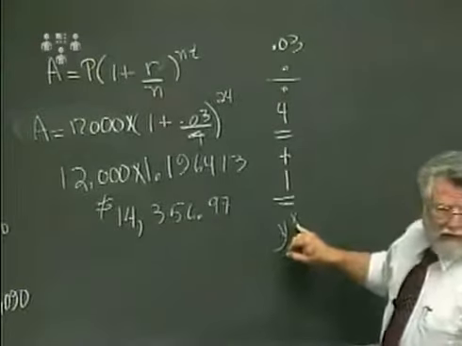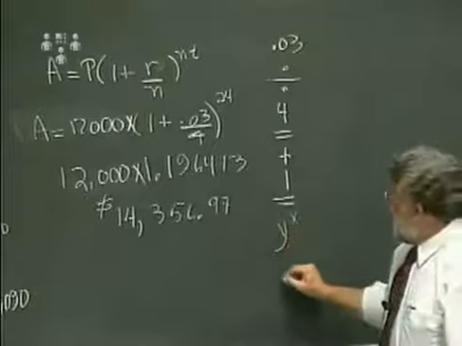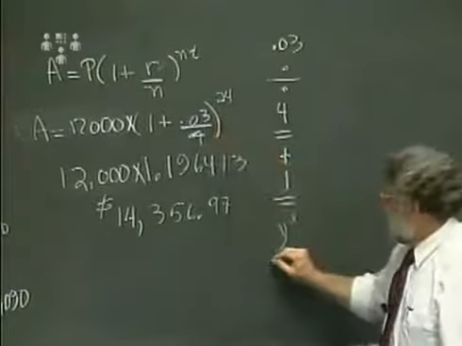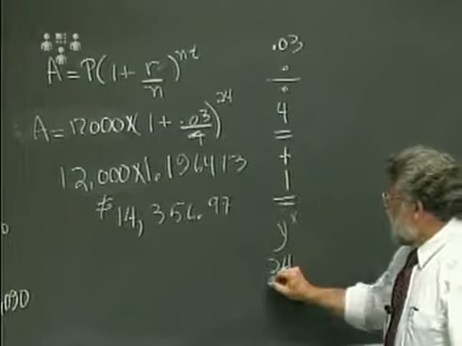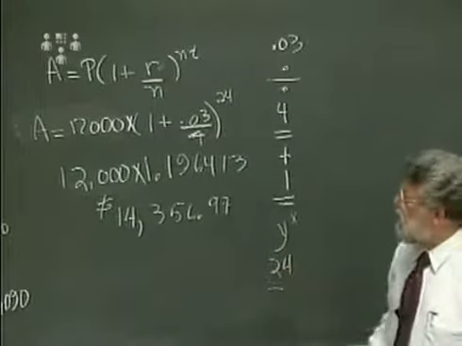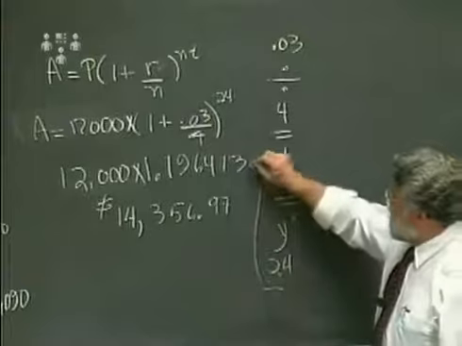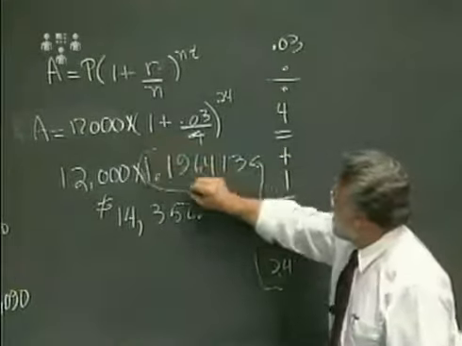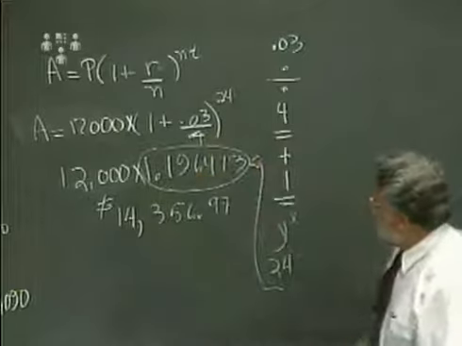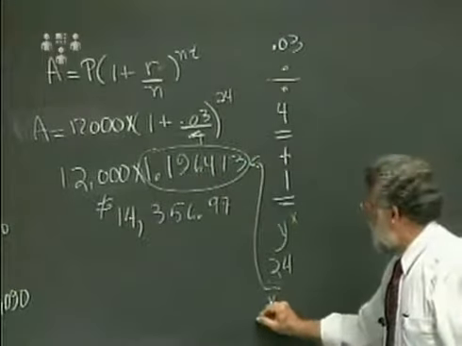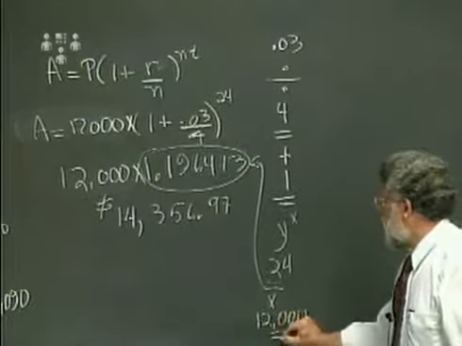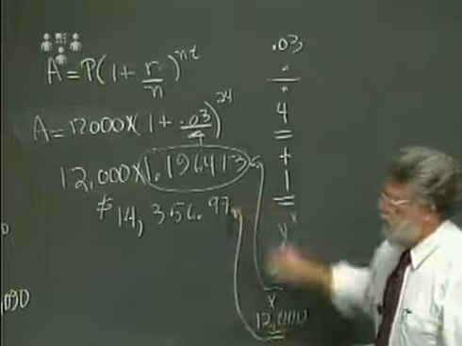So this is your base, this is your exponent. Then I have to enter the exponent, which was 24. So I hit the 24. Then I like to hit equals there, and that's where we should be seeing this number right here. This part of it. Then, when I multiply by 12,000 and hit the equal sign, I get this number here.